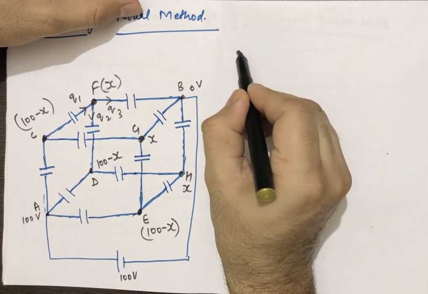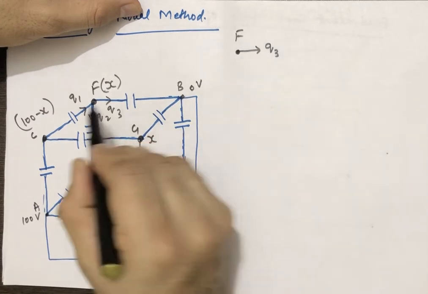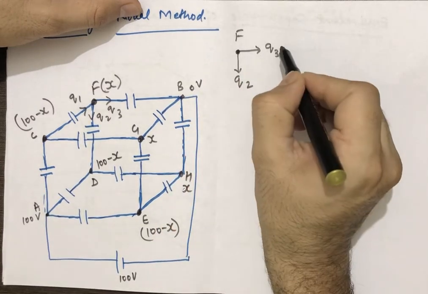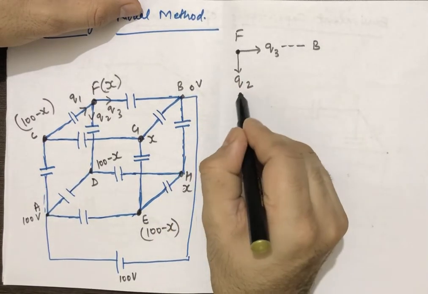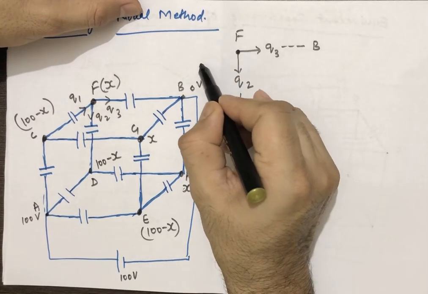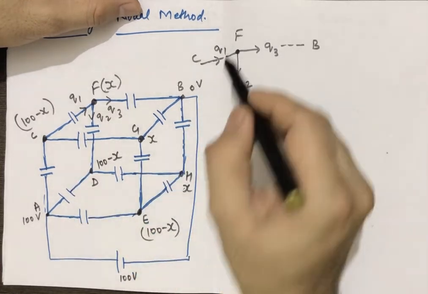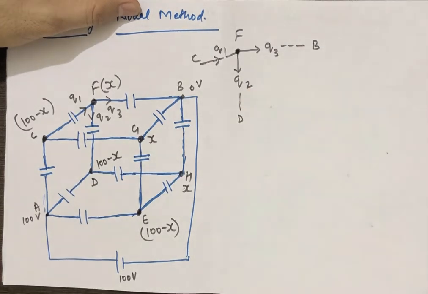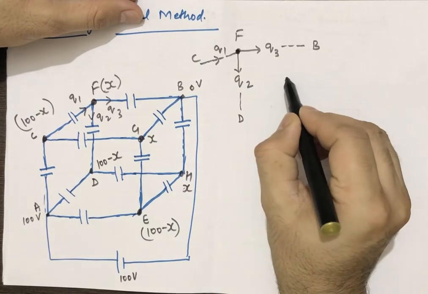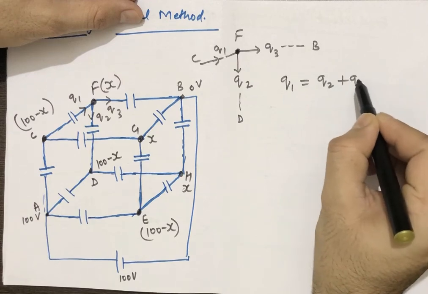Like this F point here, Q3 is going towards B, Q2 is going towards D point, and it is coming from C point. So at this node, charge will not accumulate. If charge is not accumulating, then we can write the equation Q1 is equal to Q2 plus Q3.